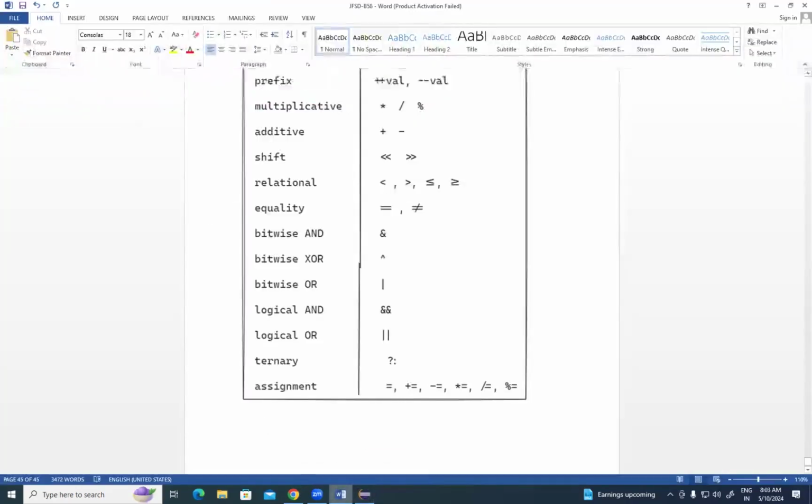Have you copied this, everyone? Online people, have you copied this table? Yes, sir.